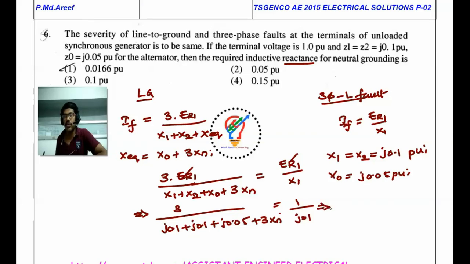If we substitute and solve, you will get Xn as j0.0166 per unit as the answer here. So in the given options, A is the right answer.